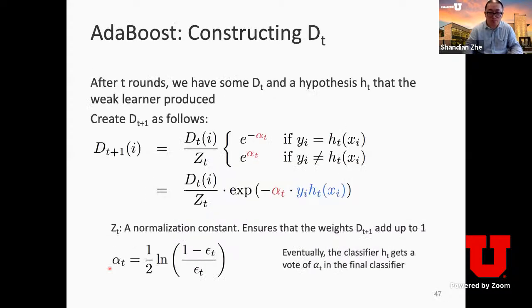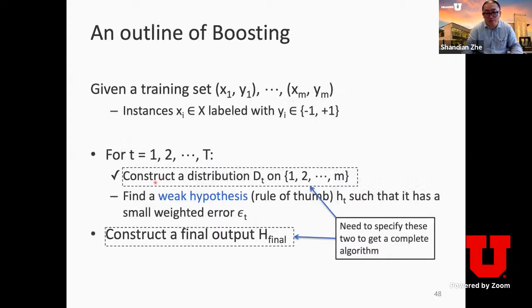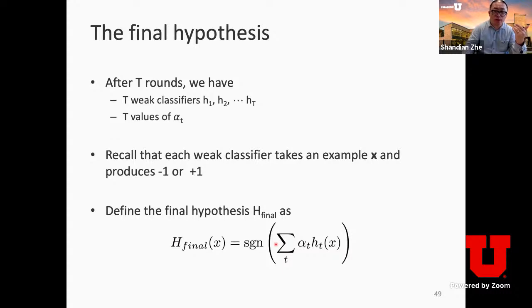Okay. So now I have addressed how we conduct the first step, how we construct distribution D_t on the training examples in each iteration. And then next we're going to construct the final output H_final. Remember, in the previous discussion, we talked about how to compute alpha_t.